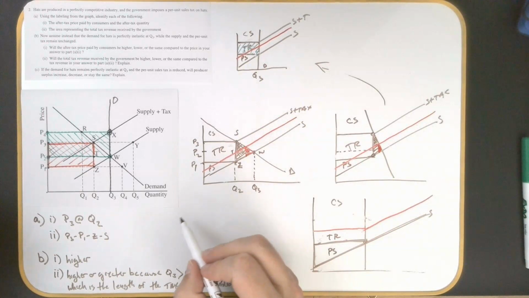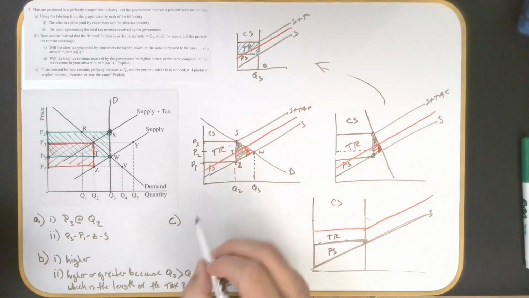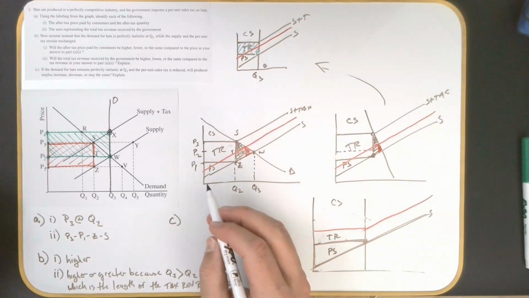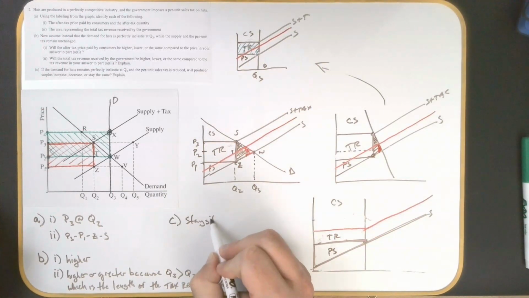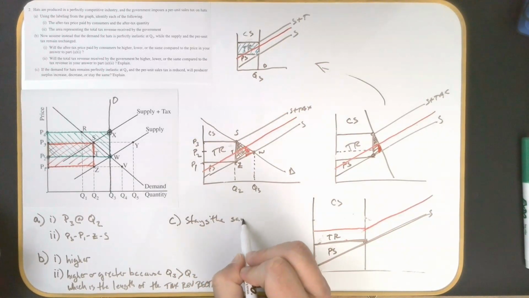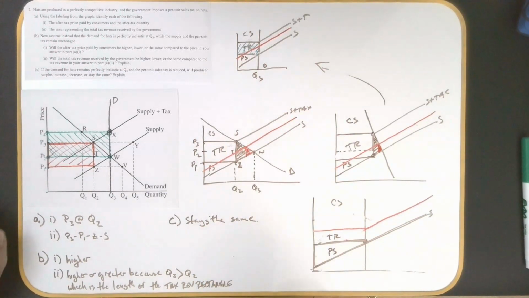So for part C, I'll just put that in there. Does the producer surplus increase, decrease, or stay the same? We will say stays the same. Okay, stays the same.